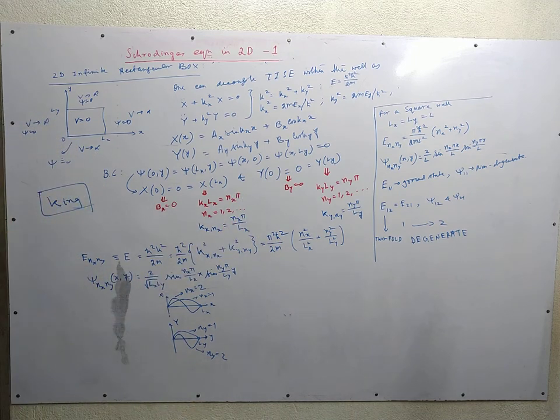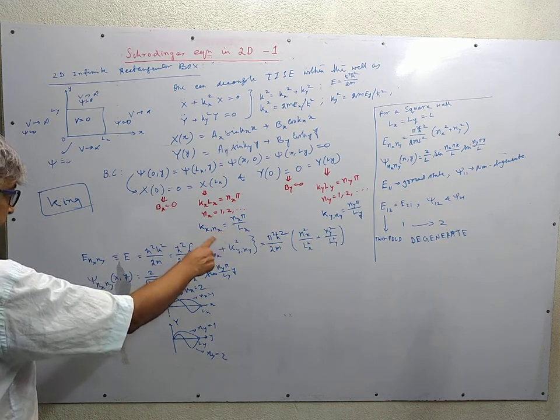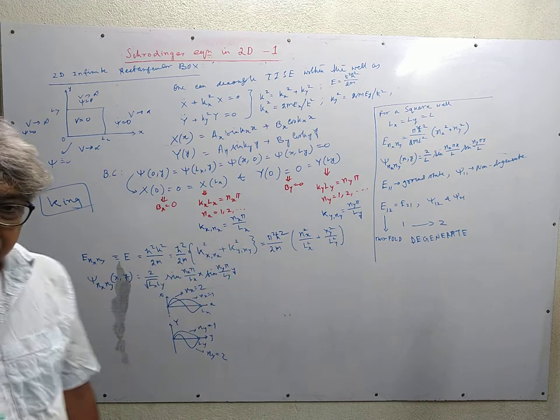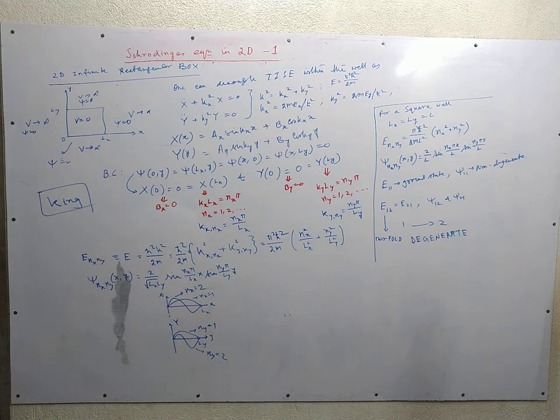Instead of an infinite well, if we had a finite potential well, then there would also be quantization, but the quantization would not be as simple as this. As an example, we consider an infinite potential well and the corresponding finite potential well. There is a difference between the energy levels.